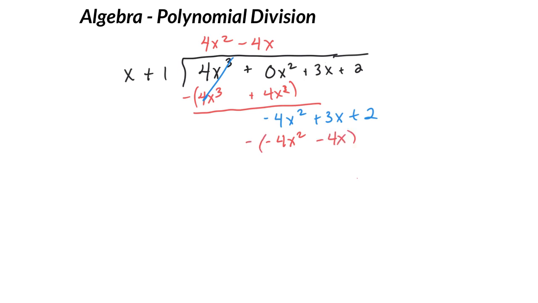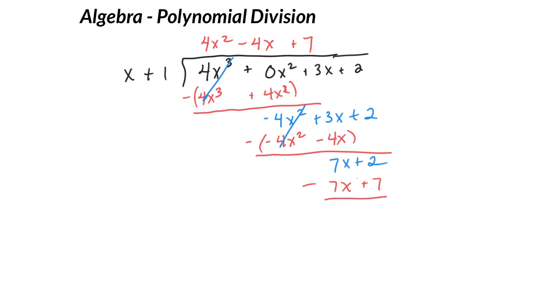We're subtracting that whole thing to figure out what is left over. 3x minus negative 4x is 7x. Bring the 2 down. 7x divided by x is 7. And now, of course, 7 times x is 7x. 7 times 1 is 7.